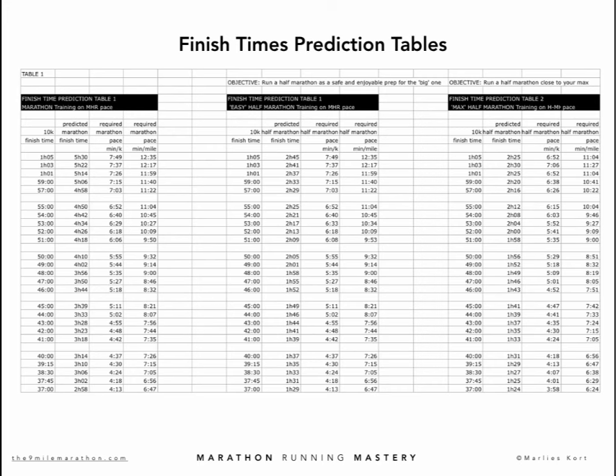Your half marathon finish times when you want to run your best half marathon, and your half marathon finish times for when you do your half marathon as a prep run for your full marathon. I call this a B race, a truly unique table. Next week I will explain to you more about how to use your MHR for your half marathon training. And I will explain the concept of A races, B races, and C races.